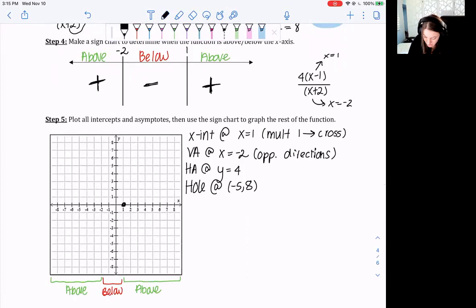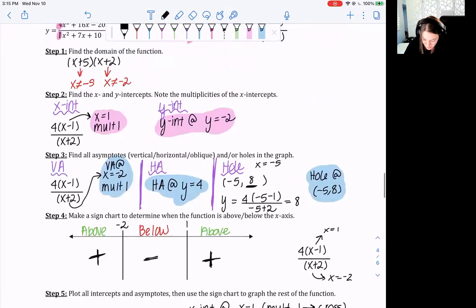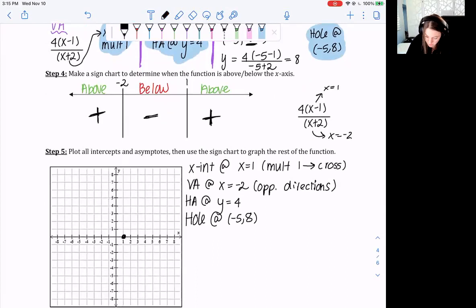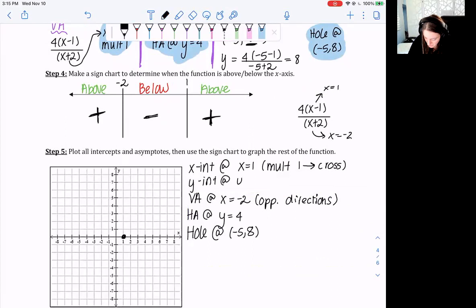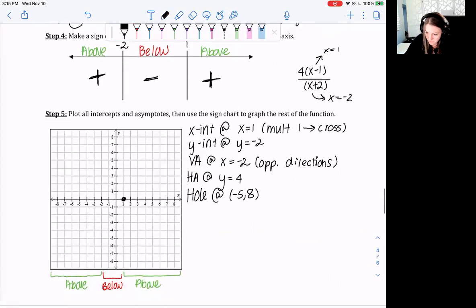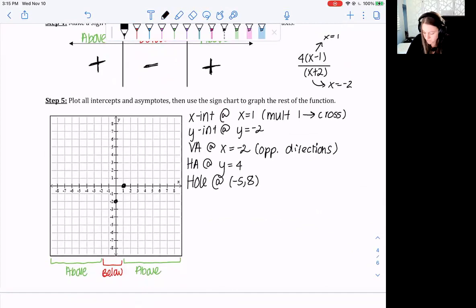There's a Y-intercept at Y equals -2. I forgot to write that down. There's a vertical asymptote at -2. Oh my goodness, those noises are very loud. And a horizontal asymptote at Y equals 4.